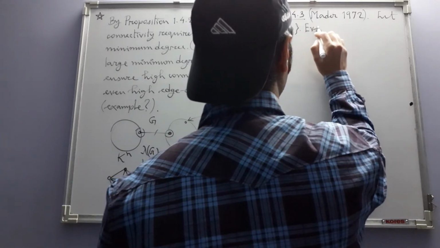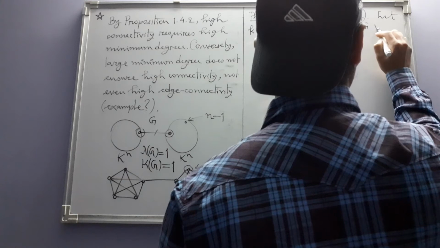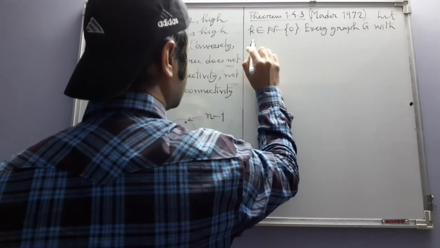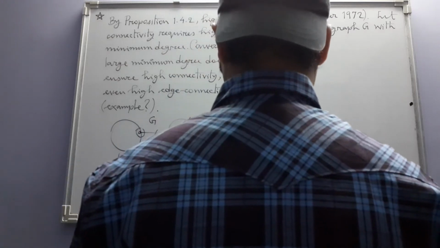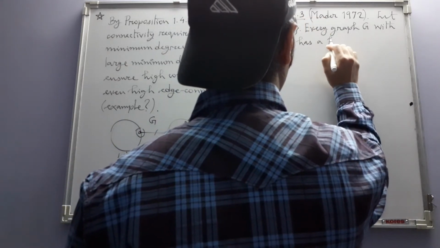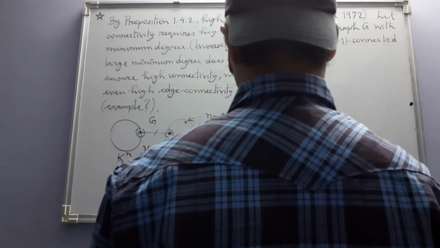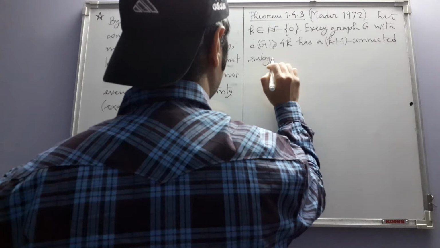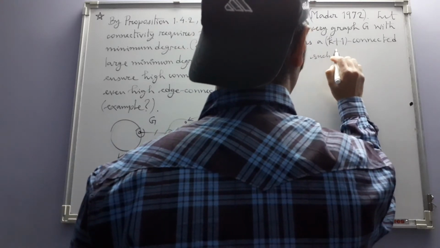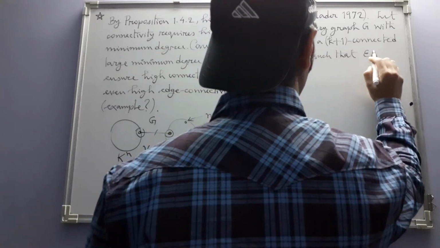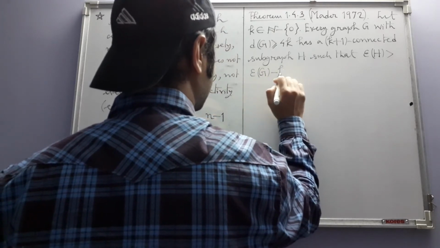Every graph G with the average degree of G greater than or equal to 4k has a (k+1)-connected subgraph H such that epsilon of H is greater than epsilon of G minus k.